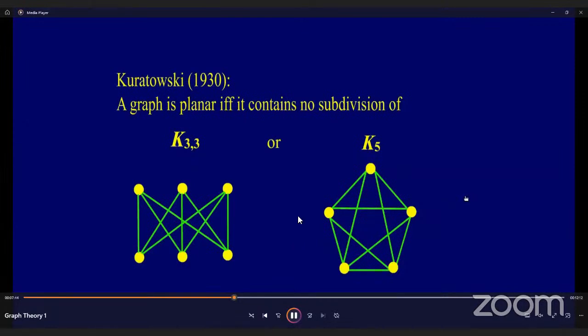So if you have some graph, then you see that it contains a subdivision.